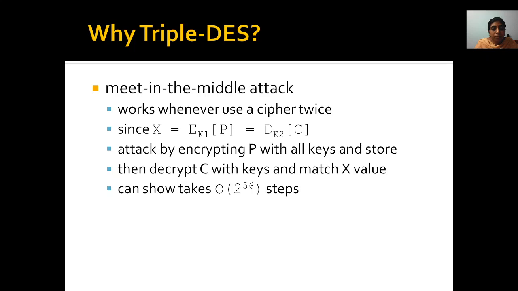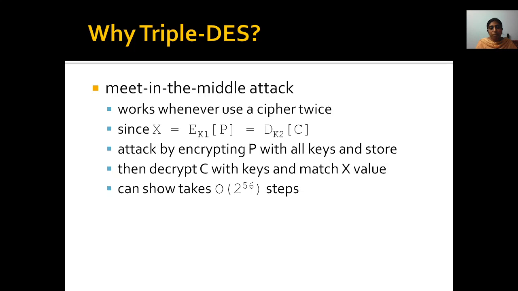When you encrypt the plain text with key 1, we get an intermediate value X. Similarly, when decrypting with key 2, you also get the intermediate value X. Now it is easy for the attacker to find that X value if he reveals that particular 56-bit key.